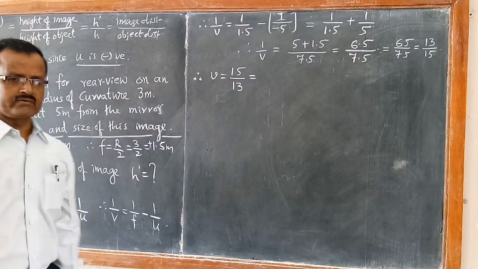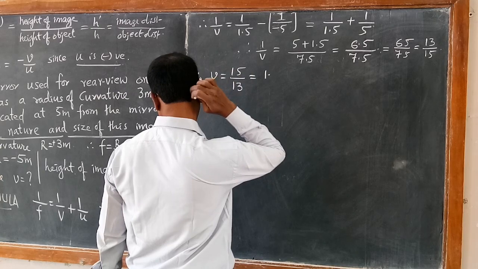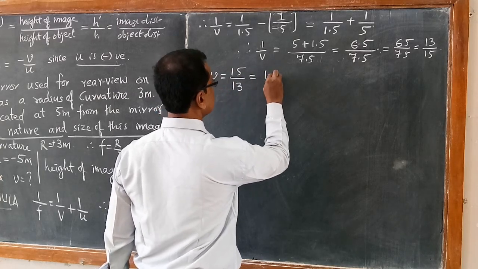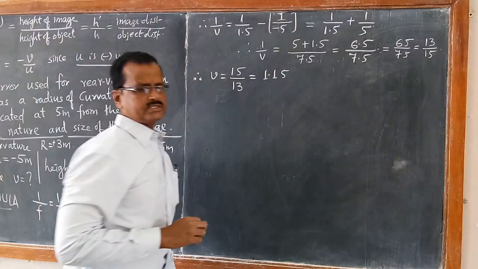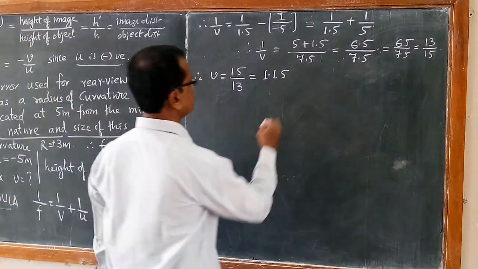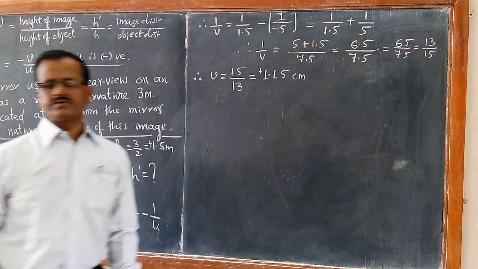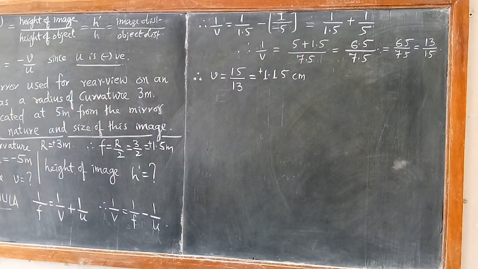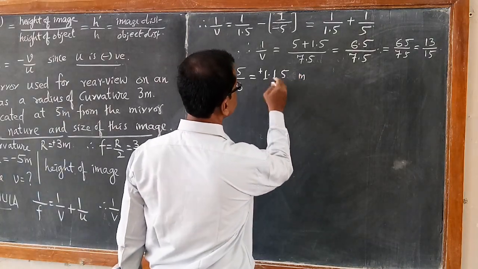15 by 13 if you calculate, 13 ones are 13, 2 remains. Then again 13 ones are 13, 7 remains. So we can take 13 fives are 65. So plus 1.15, because this is in meter.